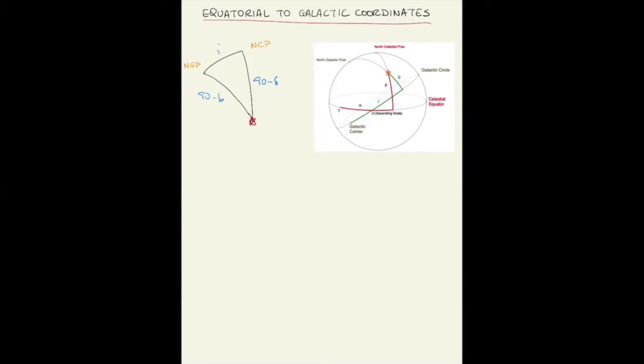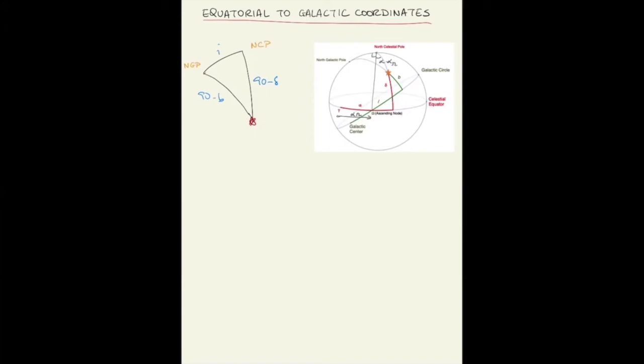As for the angles, we have to make use of the ascending node. So you can pass a vertical circle from the north celestial pole to the ascending node. And this here is the right ascension of the ascending node. Therefore, this angle here is the right ascension of the star minus the right ascension of the galactic node.